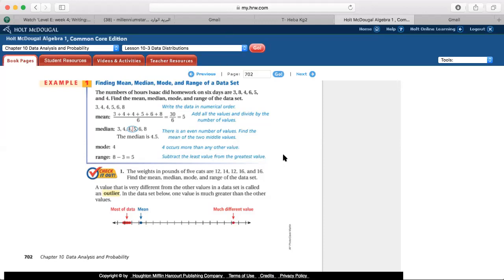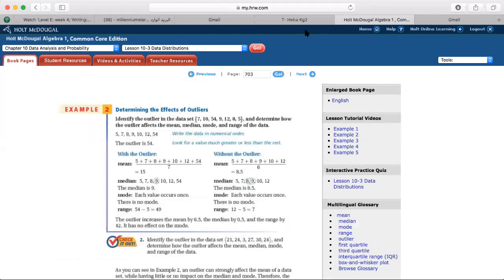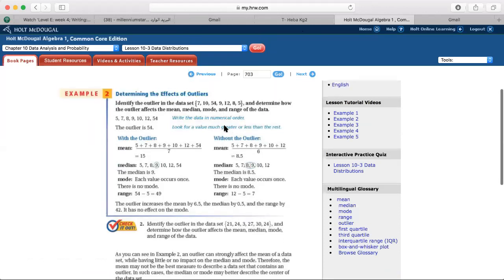Okay, let's go to the next page and I will read what Tala wrote for me. Welcome dear. So, determining the effects of outliers.